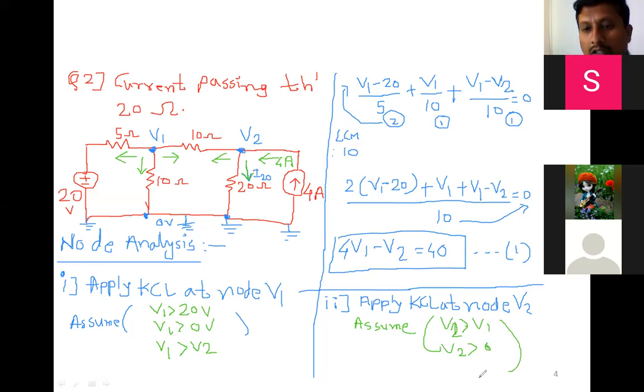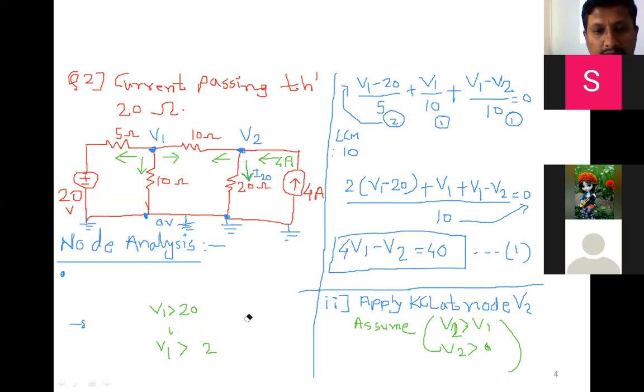Okay. Now you have to write the equation. You have to apply KCL now. So now you can tell the equation. You people only tell. First of all, these two currents are outgoing, means these two are positive.